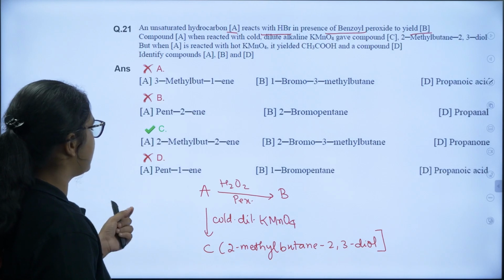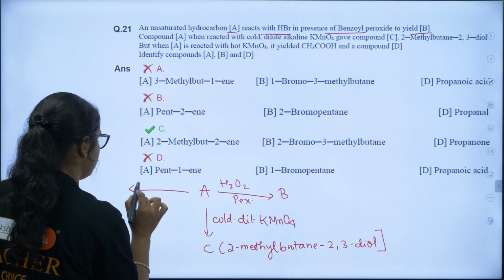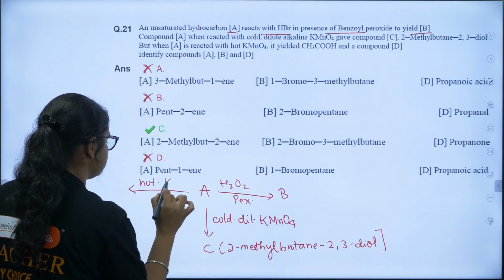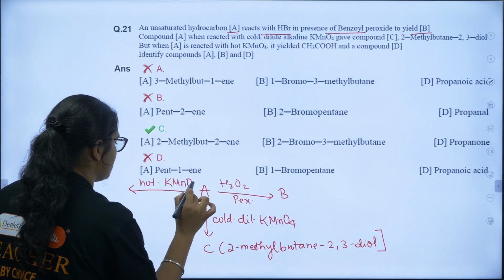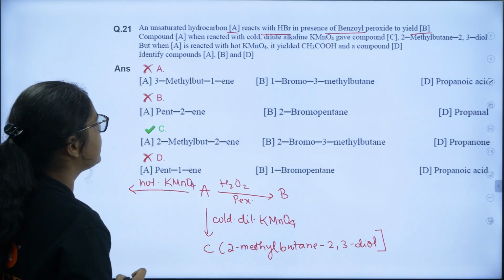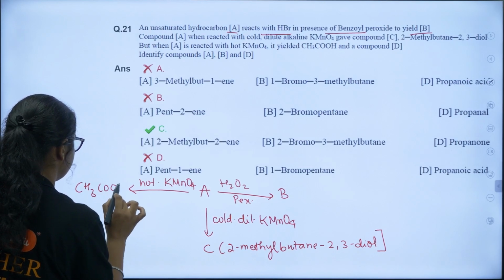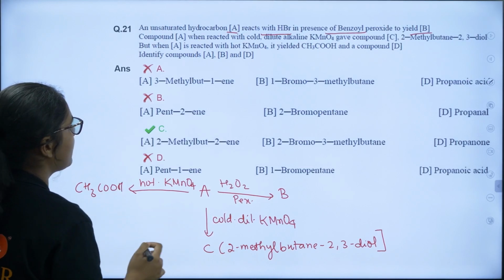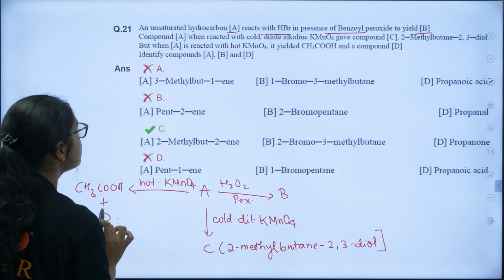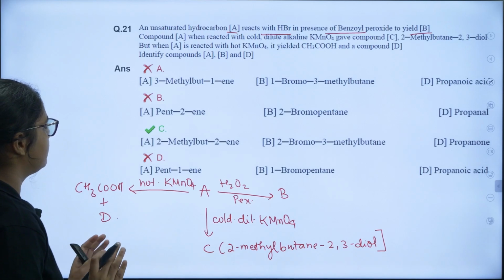But when A reacts with hot KMnO4, it yielded CH3COOH, CH3COCH3 and a compound D. Now identify compounds A, B and D.